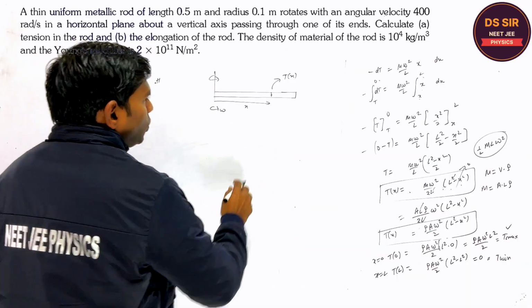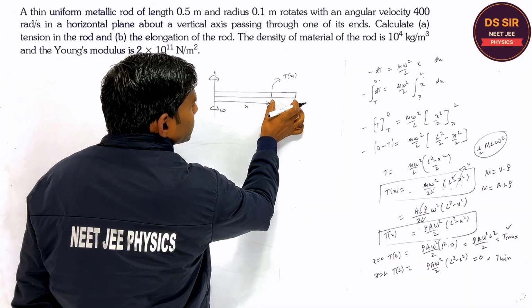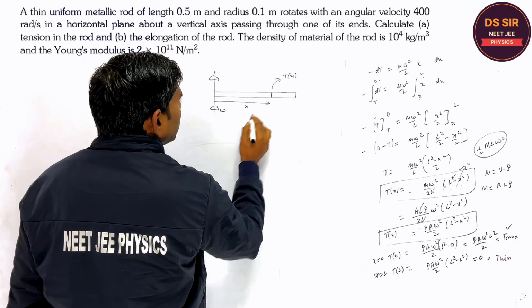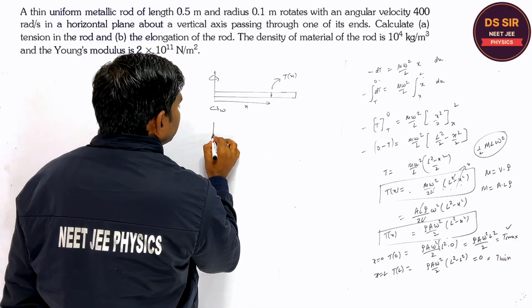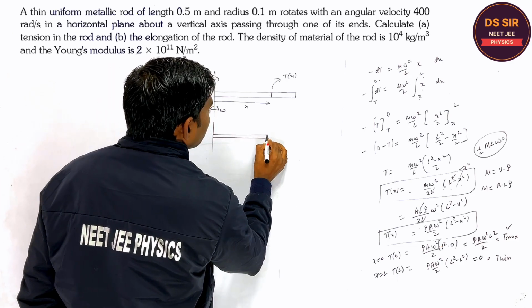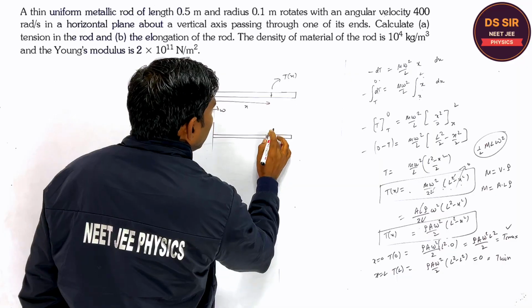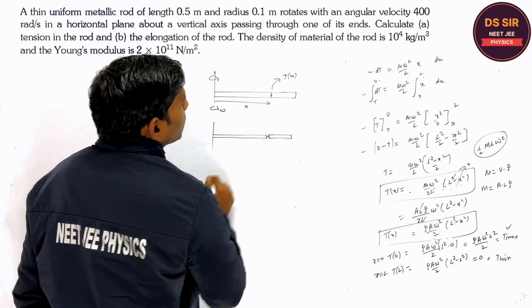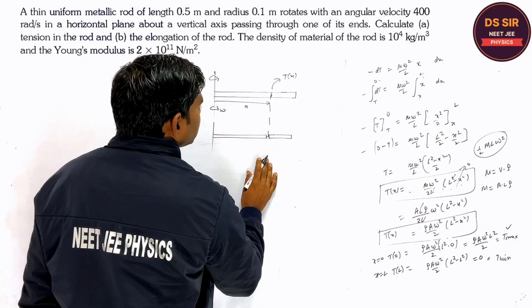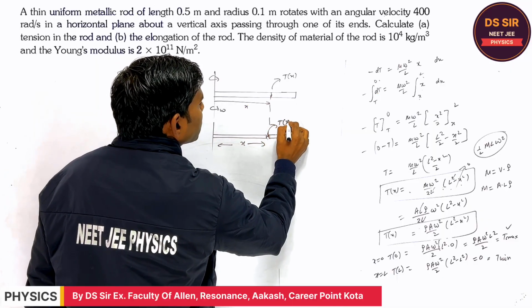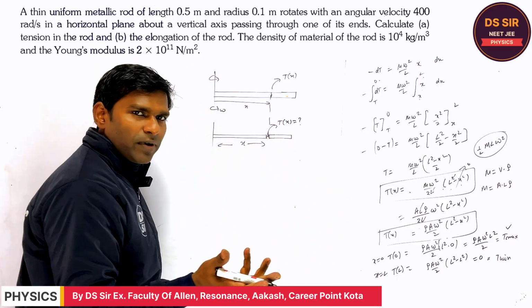Listen. To find the tension, suppose here the tension we want to find. You can consider that there is a small string over there, connected between the two parts. Suppose this is the x distance. Here the tension in this string as a function of x you want to find.